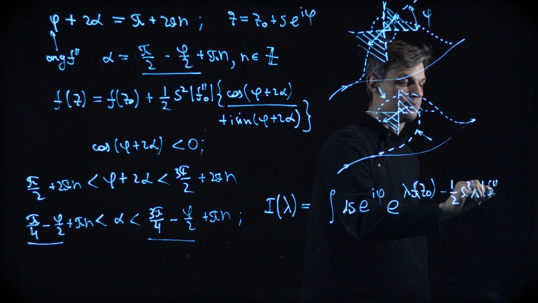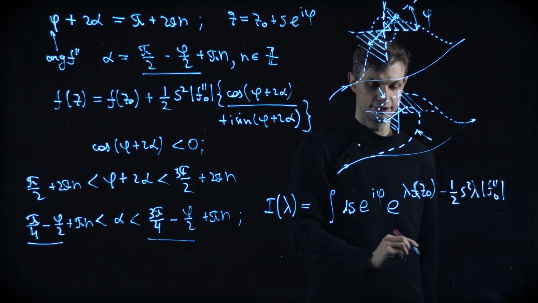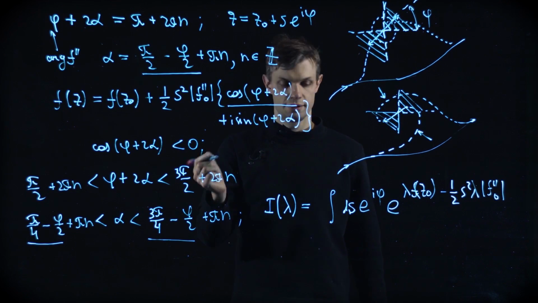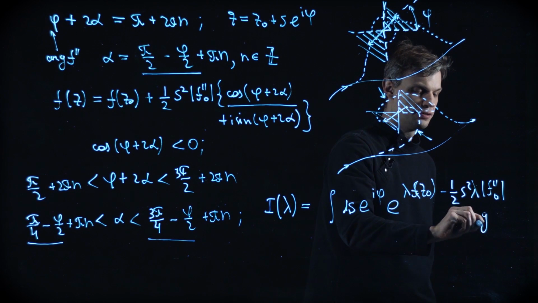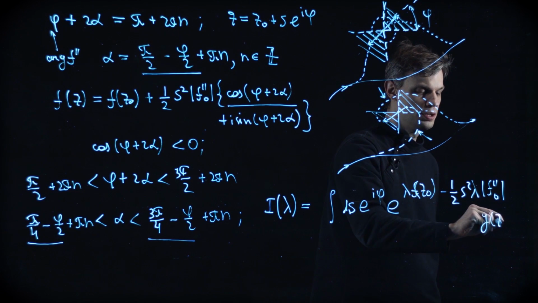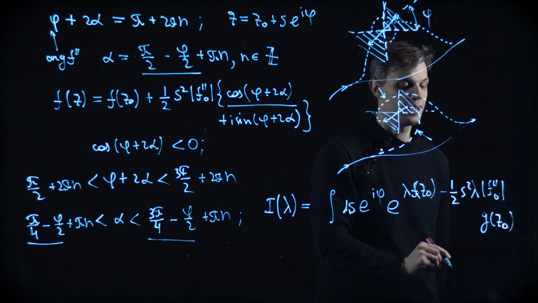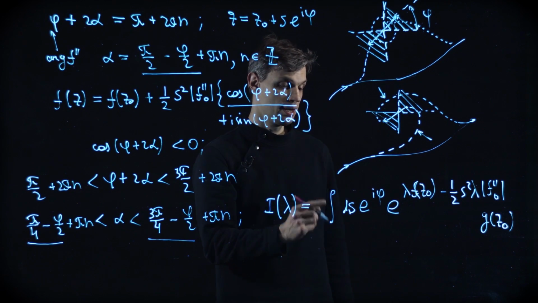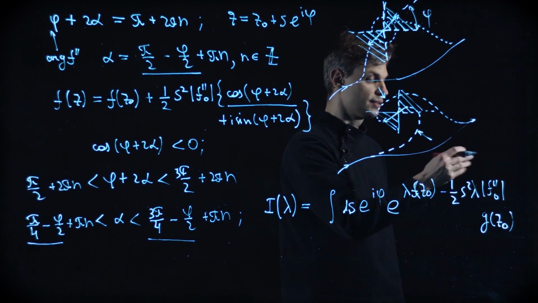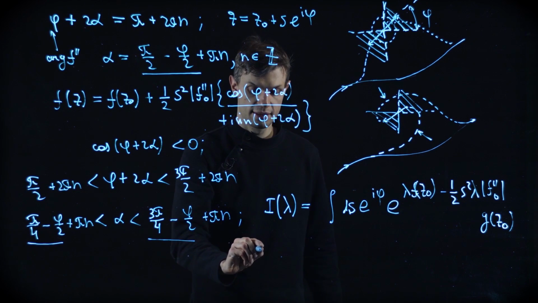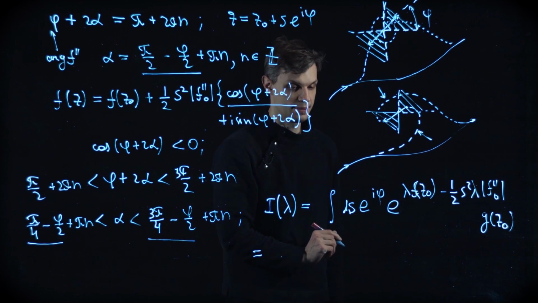And as you remember, always there is an additional function g of z, which we approximate by its value at this z0 point. And here you go. We just can take this integral, and this is the final answer for our asymptotic estimate.